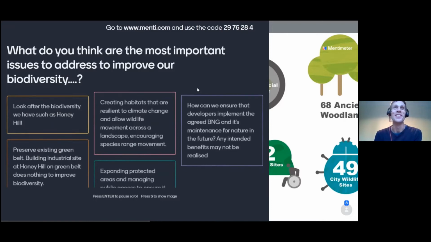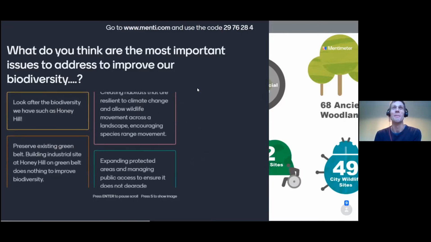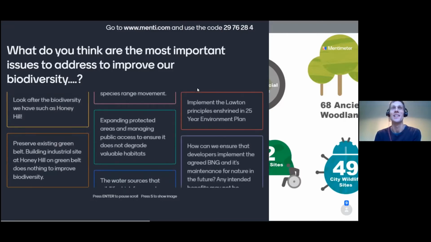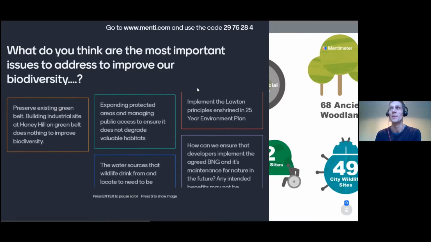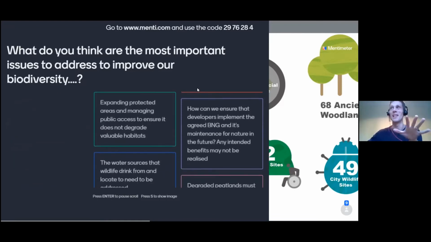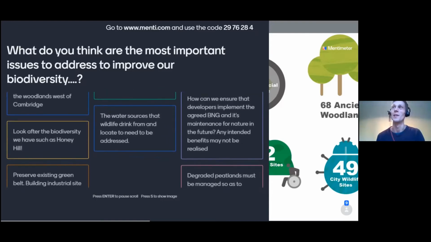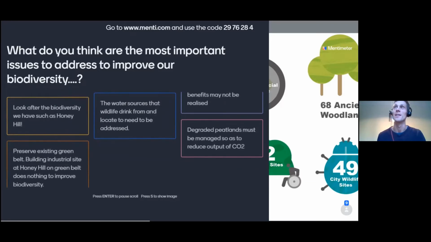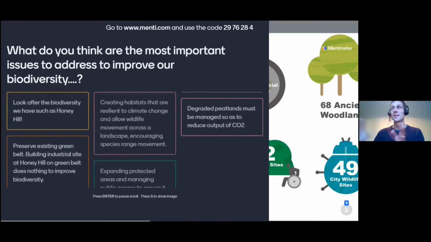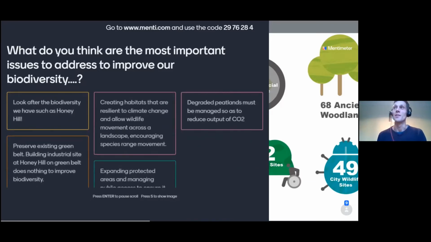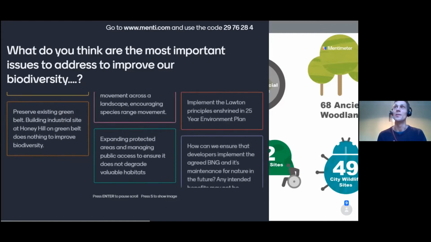There's one about expanding areas for public access, so that it doesn't degrade habitats. I think that's a really important point. Fundamentally there's that balance of space for people and space for wildlife. Hopefully the strategic initiatives that Diana and colleagues have put together provide that balance.